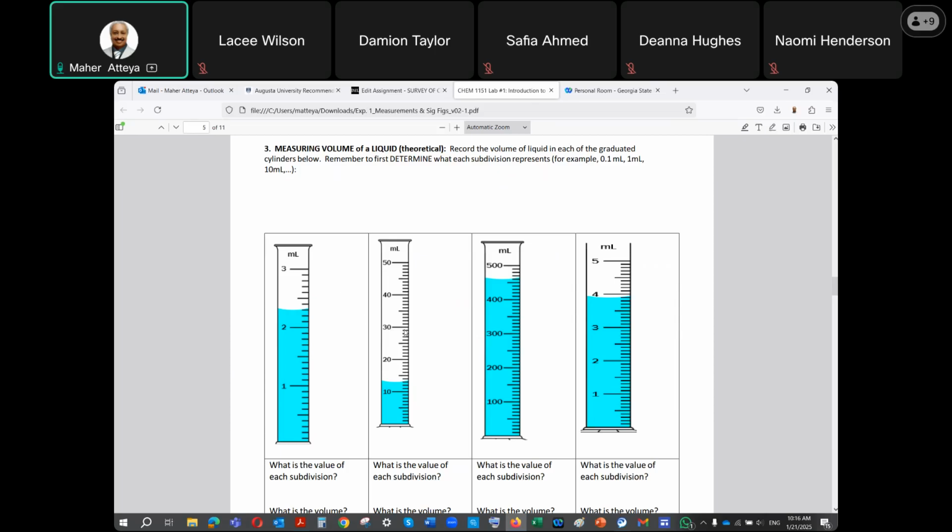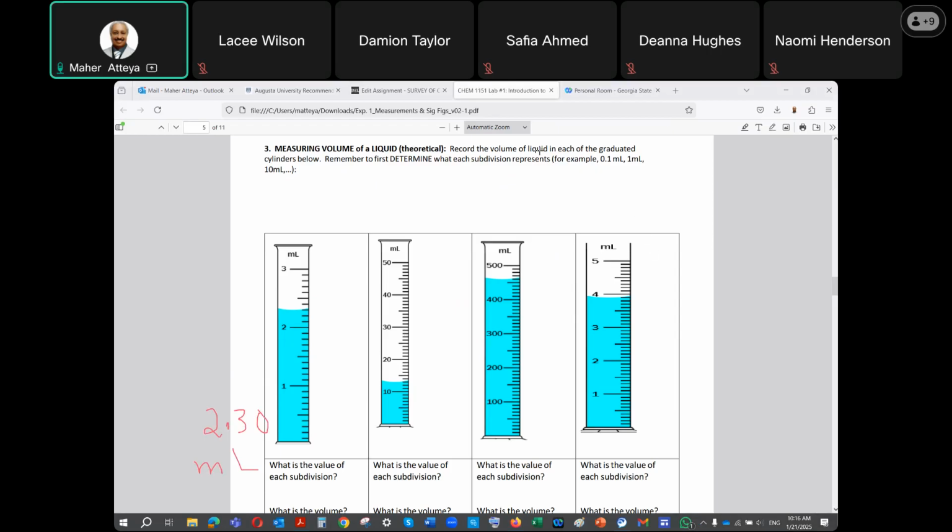So how about the next one? What's the unit going to be? Milliliters. Correct.